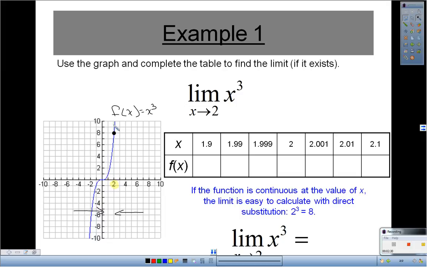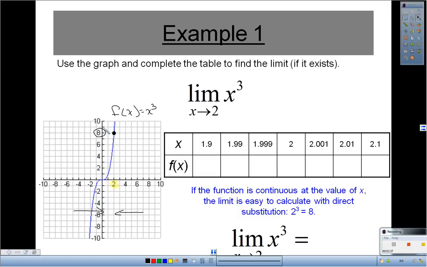Well, if you look graphically, from the left-hand side, as you approach 2, it's approaching the value of 8. And if you approach it from the right-hand side, so from the right side of 2, it's also approaching 8. So you can very easily look at the graph and determine what the function is.